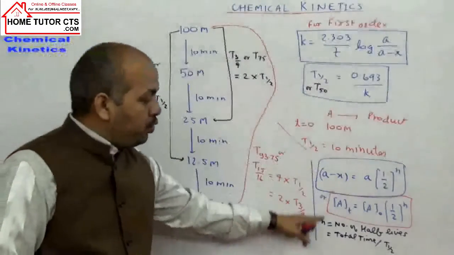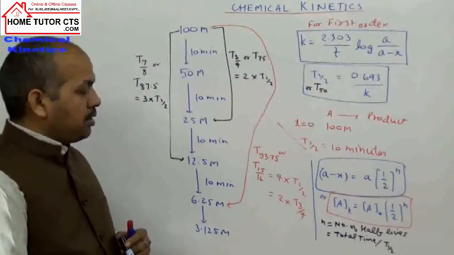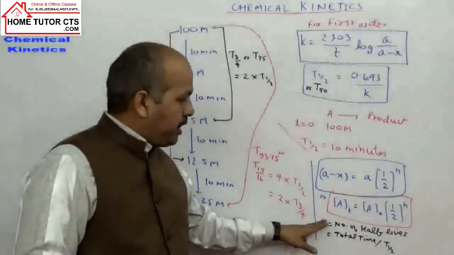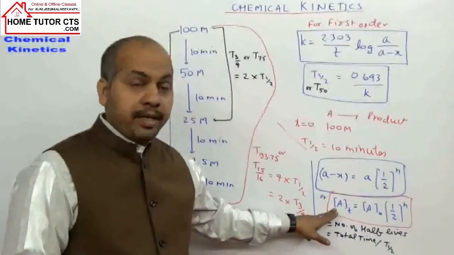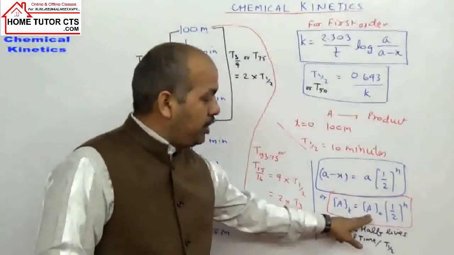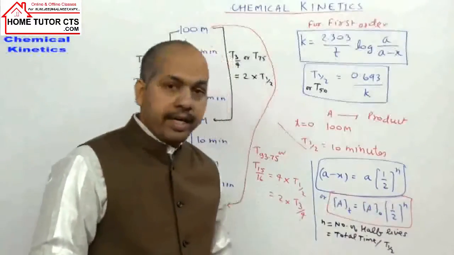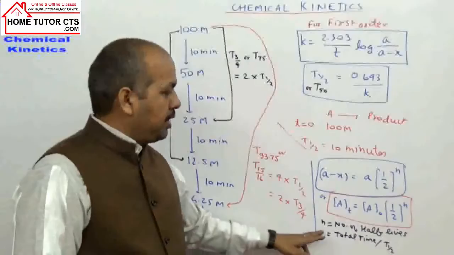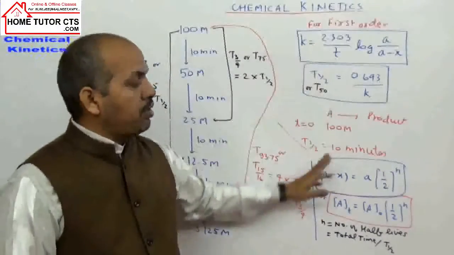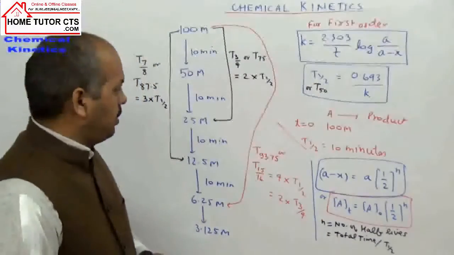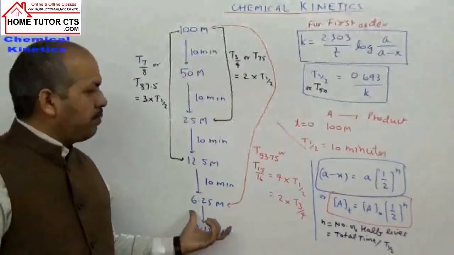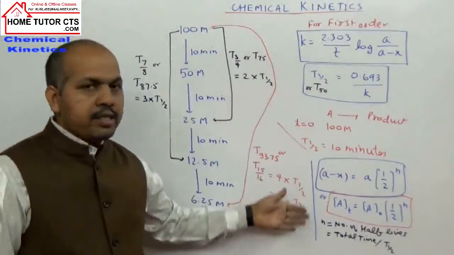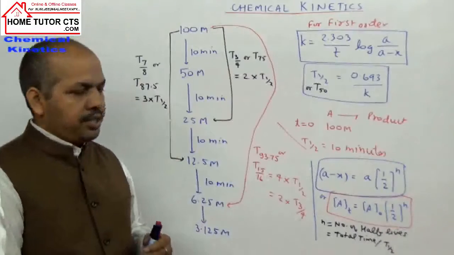So this expression can be used for calculation purposes. A t, the concentration of reactant remaining at time t, will be initial concentration into 1 by 2 power n, where n is the number of half-lives. This expression is valid only for the first order reaction. You can see it this way also; otherwise that's the simple expression. So let us calculate some examples using this expression.